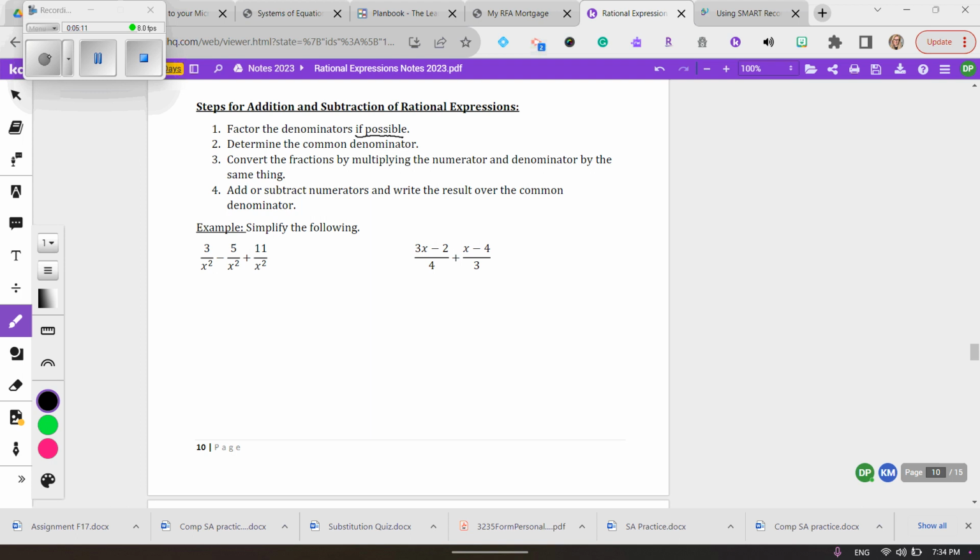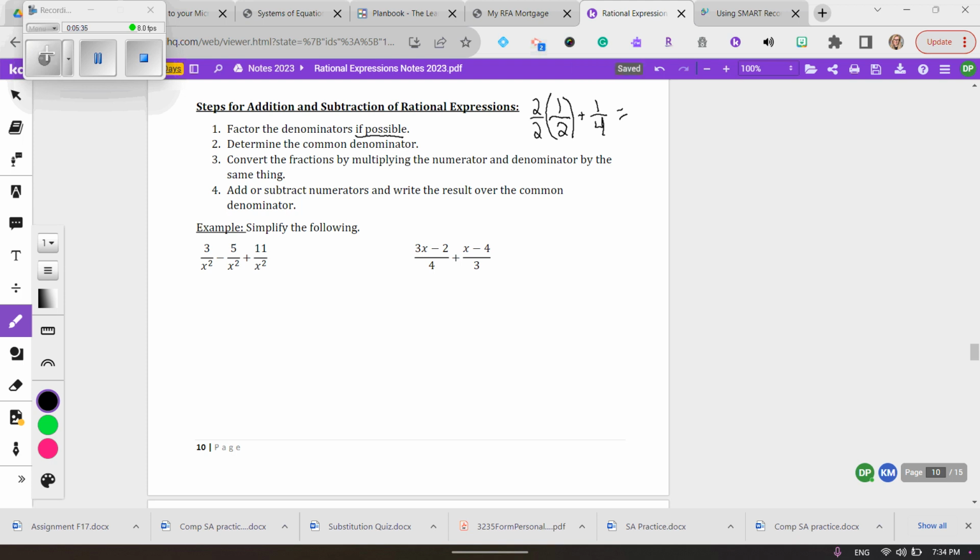Just one quick refresher on how we would add fractions. If I had 1 over 2 plus 1 over 4, I cannot add straight across. I need to find a common denominator. My common denominator in this case would be 4, so I would multiply my first fraction by 2 over 2.